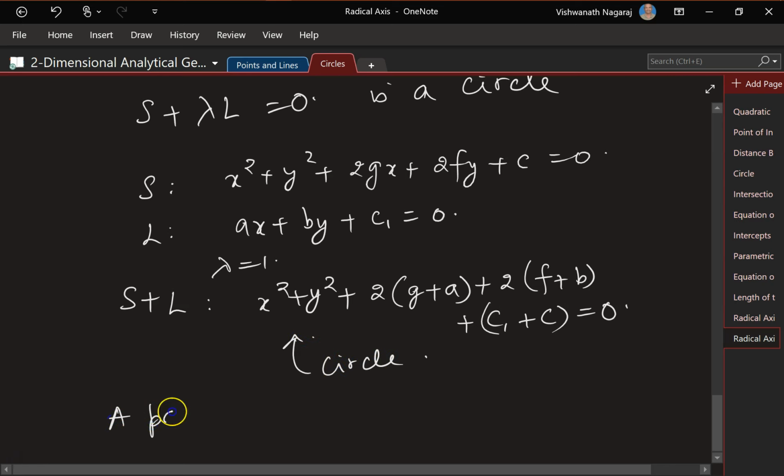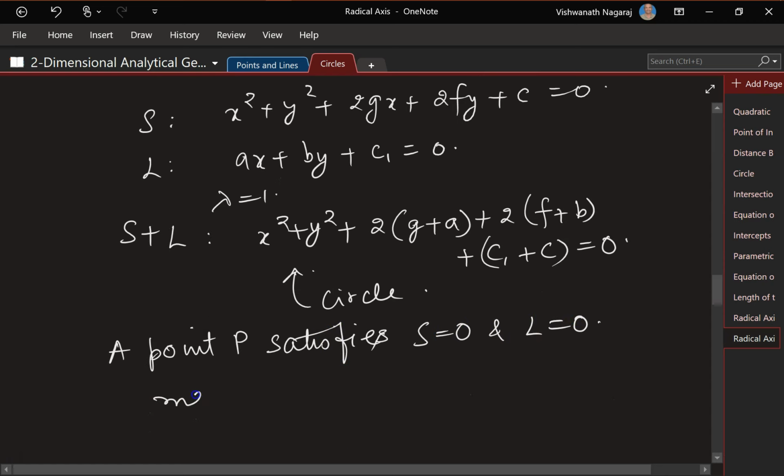So a point P satisfying S equal to 0 and L equal to 0 means it satisfies S plus lambda L equal to 0.